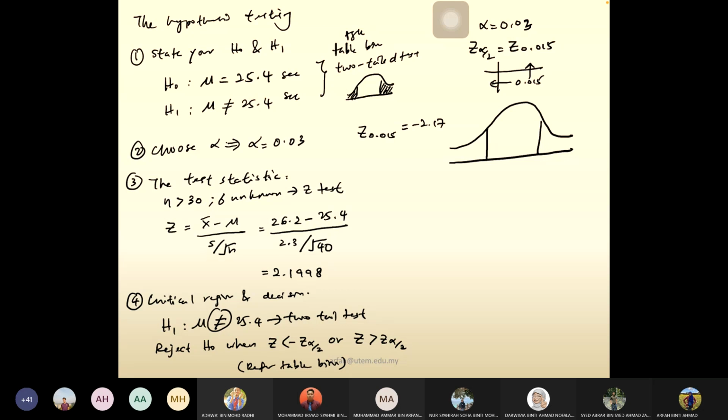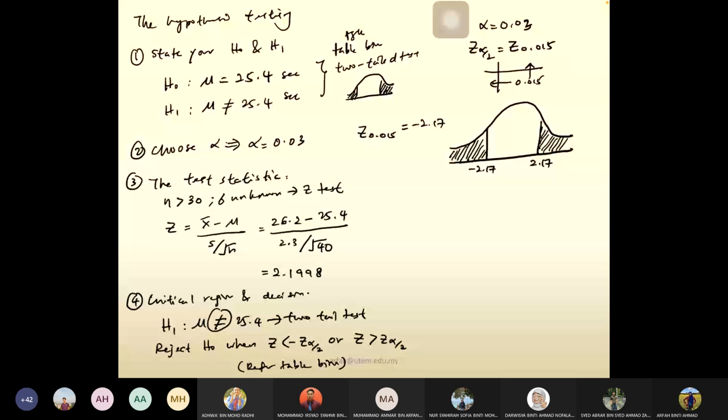So memandang kita ambil yang positif dan juga negative value. So you get negative 2.17 here and 2.17 dekat dia punya another side. Okay. So boleh tengok kalau ni 1 tolak 0.015. Okay. So that is dia punya complement.